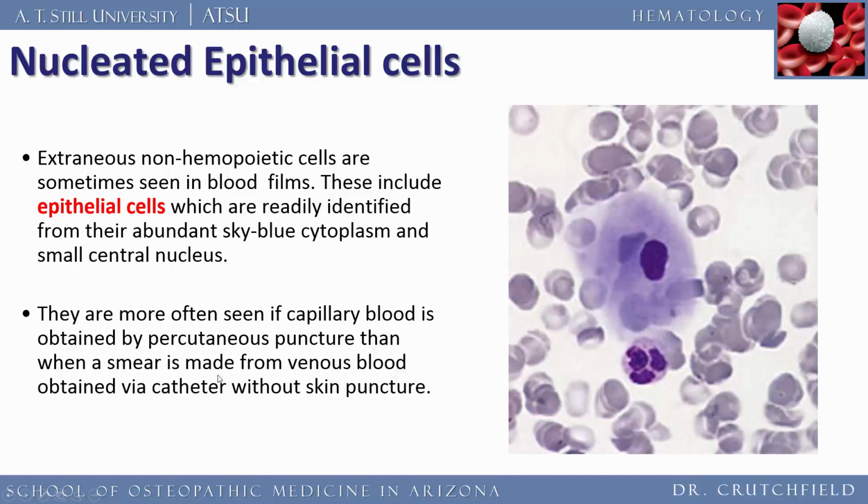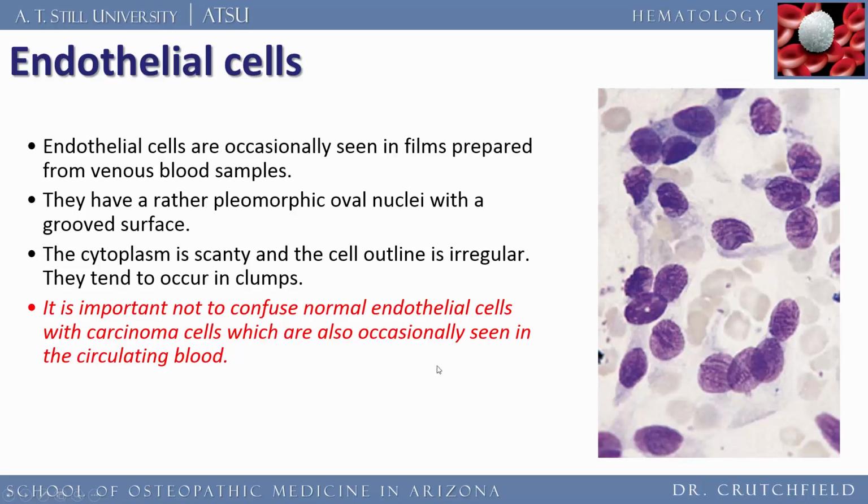If it's coming straight out of the circulation, you won't get skin cells, but if I draw it peripherally, you will. So again, it's important when you look under the microscope that you can recognize these skin cells and not to confuse the normal skin cells with cancer cells, which can be occasionally seen floating around in blood.